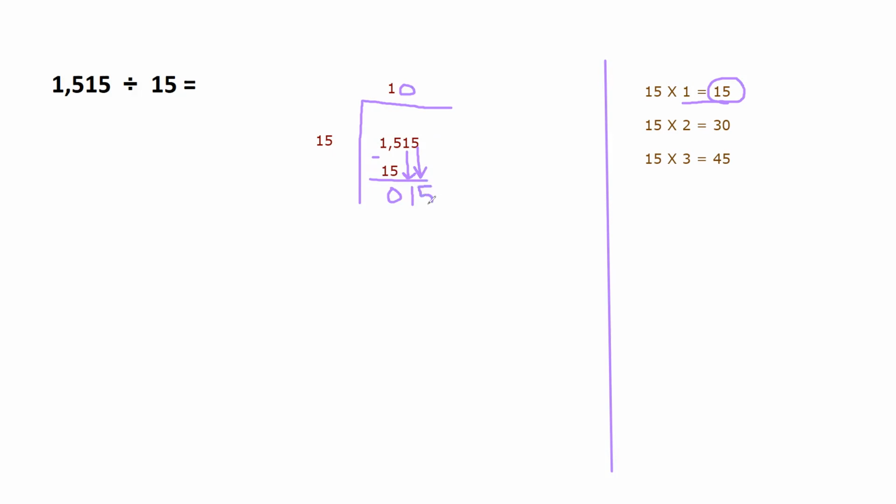Now we have 15. Can you find it? Yes, it's also 1. So put here 1 and put 15 down. Make subtraction. It will be 0, 0. It means that the quotient equal 101 and the remainder is 0.